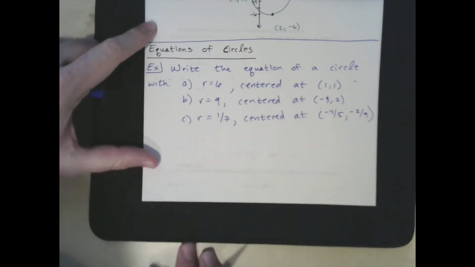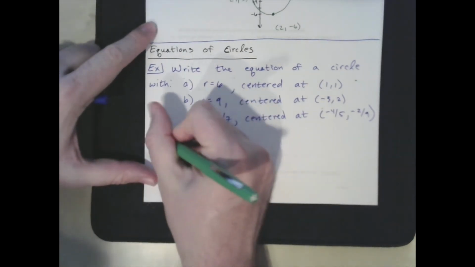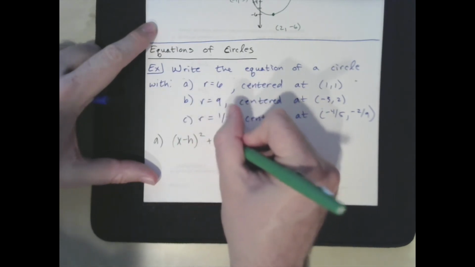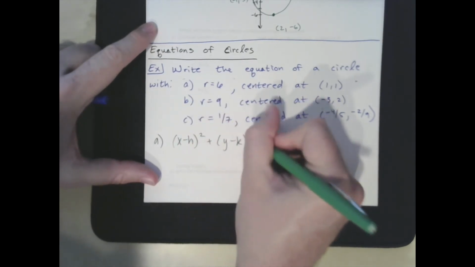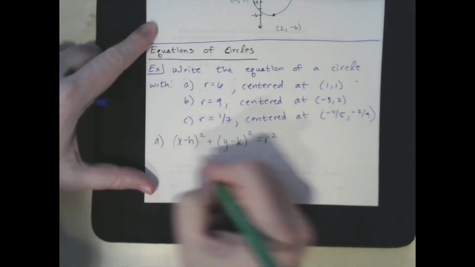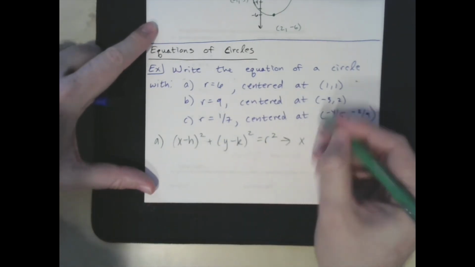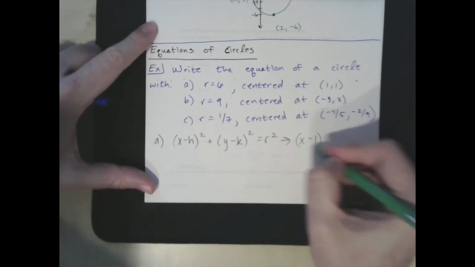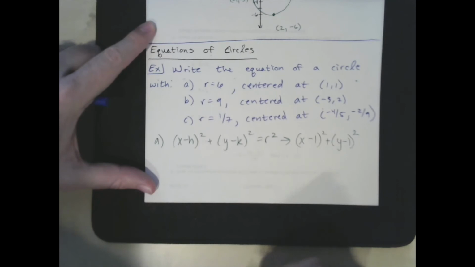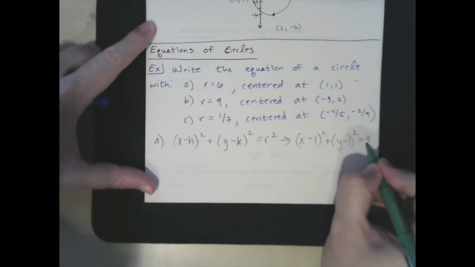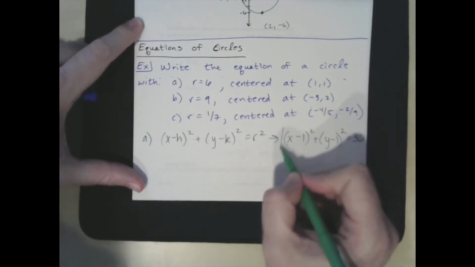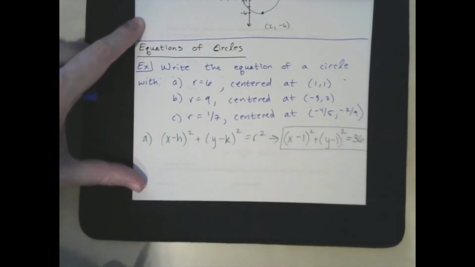But if we're given the radius and the center, it's always x minus h squared plus y minus k squared equals r squared. So for part A, this is going to be x minus 1 squared plus y minus 1 squared. And our radius is 6, so this needs to equal 36. And that would be the equation of our circle.